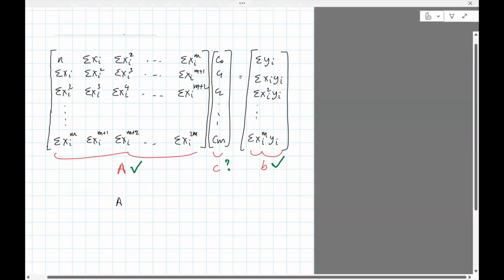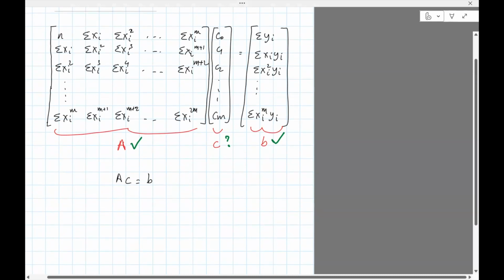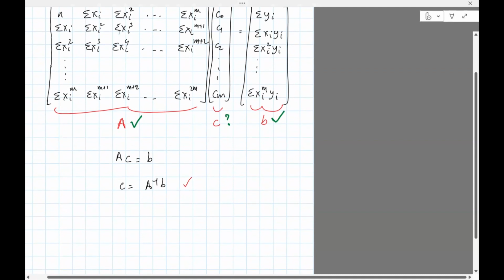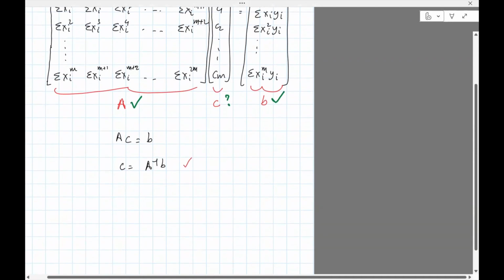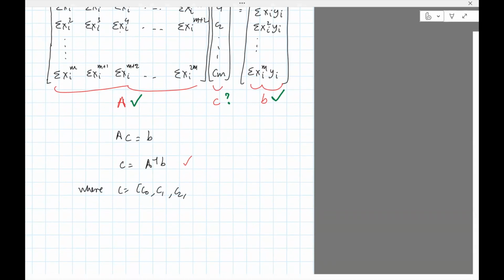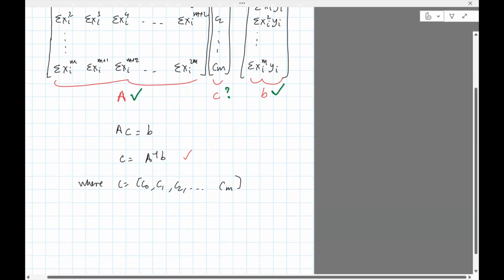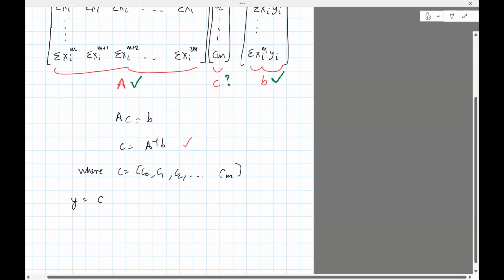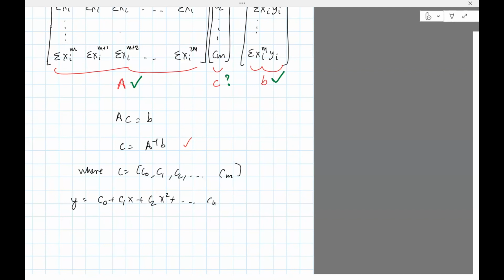So we have AC equals B, and so C equals A inverse B. So we got C. And then, of course, y equals C0 plus C1 x plus C2 x squared, and so on till Cm x^m. You've got this because now you've computed C0, C1, and so on from that equation.